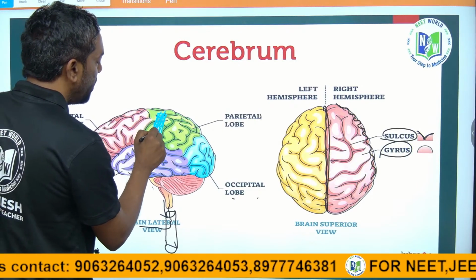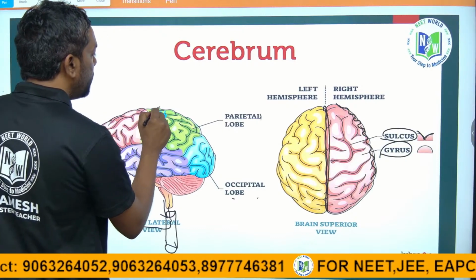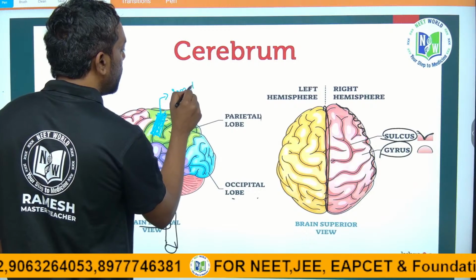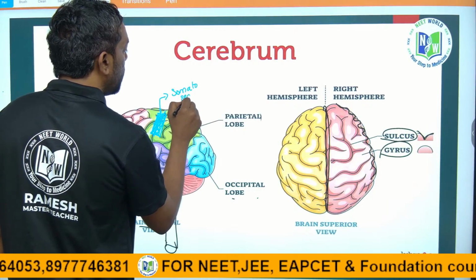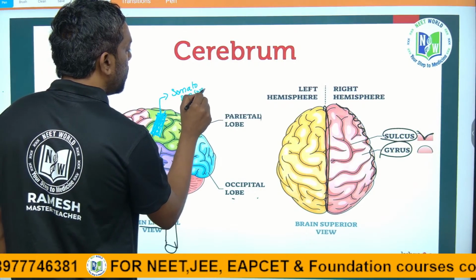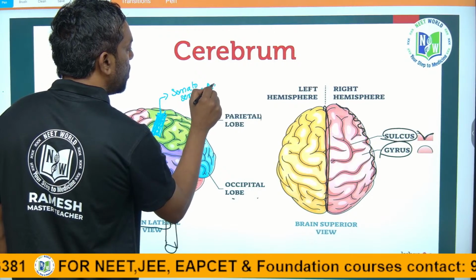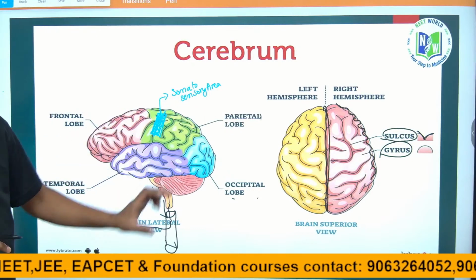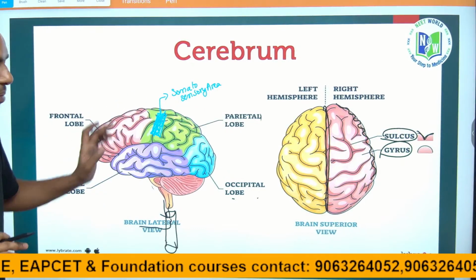The somatosensory area is located in the parietal lobe.